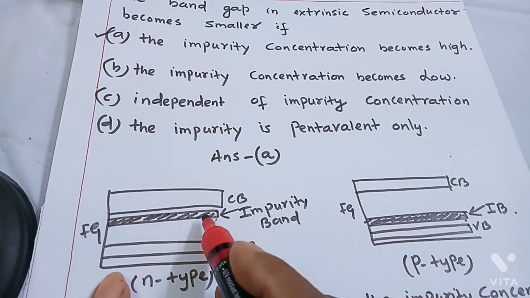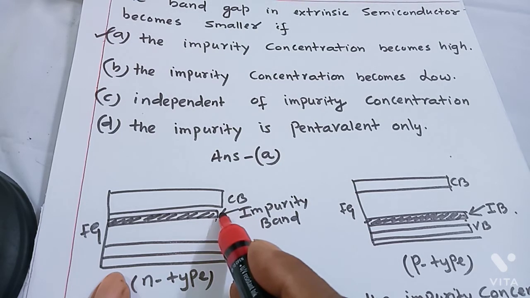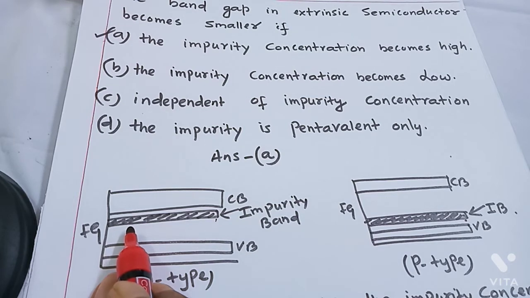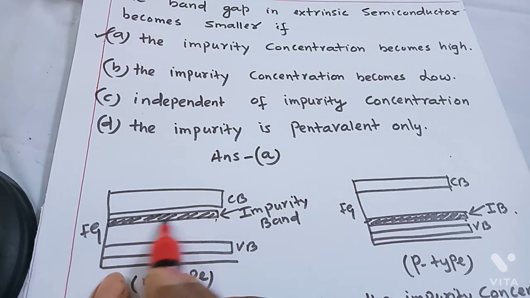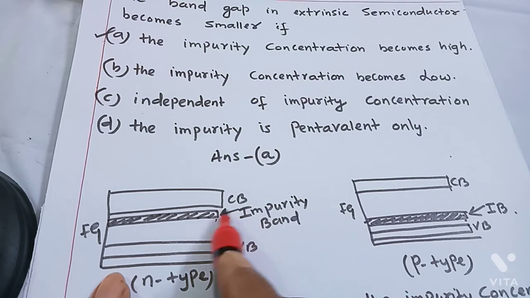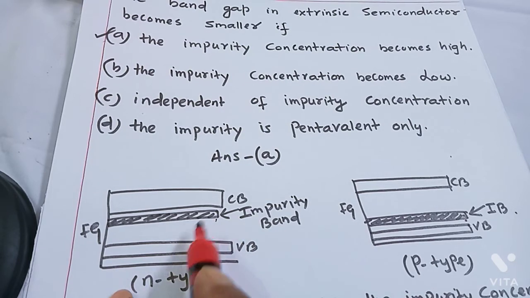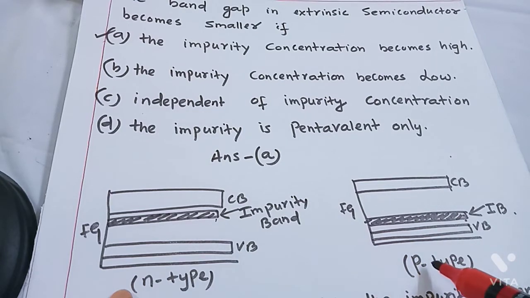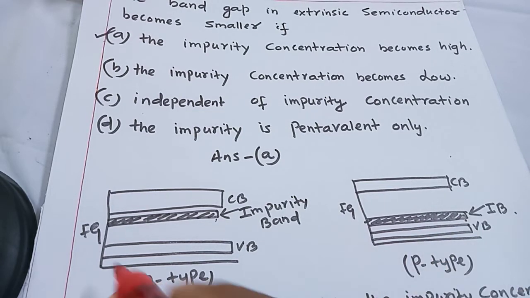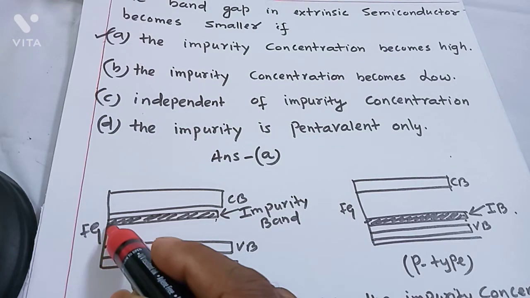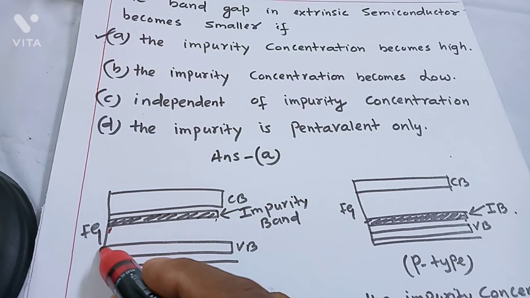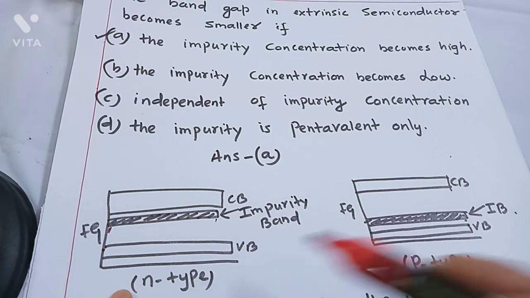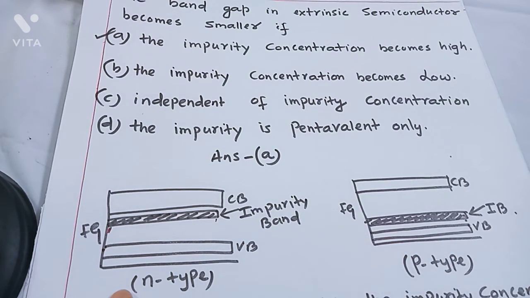But when the impurity amount is large, that is, the intrinsic semiconductor is heavily doped, instead of an impurity level, an impurity band, that is a donor band in N-type semiconductor and an acceptor band in P-type semiconductor, is formed, and as a result, the effective energy gap is reduced in both N-type and P-type.